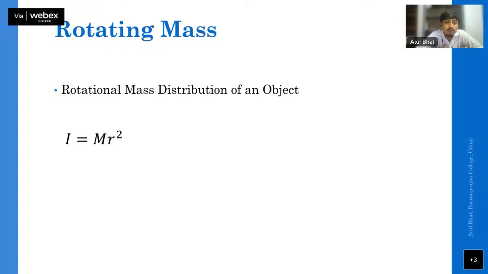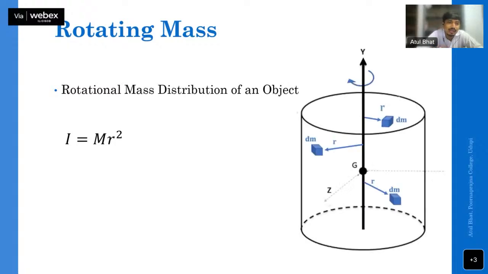But when I'm talking about rotational motion, let's say for the solar system, it's not one entire mass. The solar system does not have one big radius. We've got different planets moving around the sun. Each of these planets has a different mass, and each is at a different distance. Or for example, when I take a stone and rotate it along a curved path using a thread, that stone has multiple pieces, because when you drop a stone, it can break into smaller pieces.